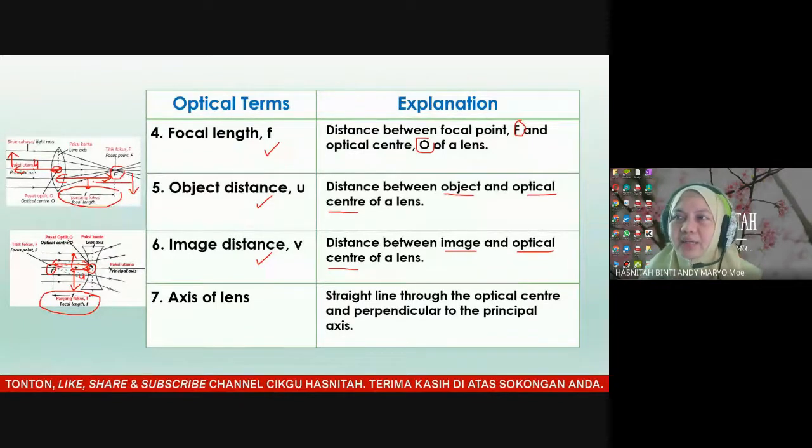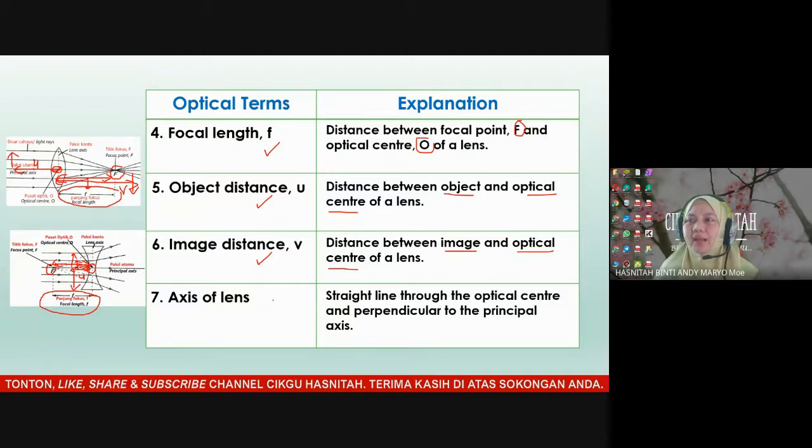The distance from the image to the optical center is called v. Same goes for this concave lens. Let's say the image appears here. So this is v, the image distance, between the image and the optical center.